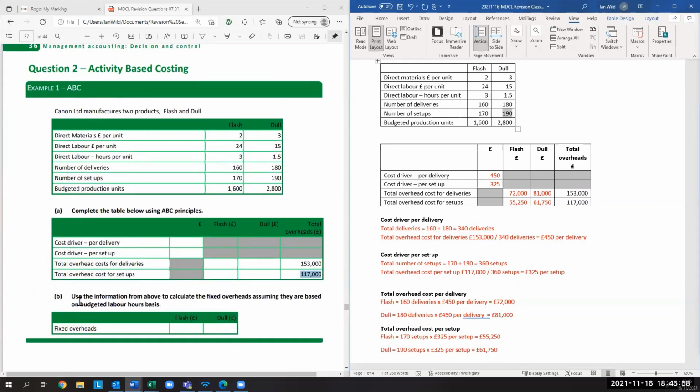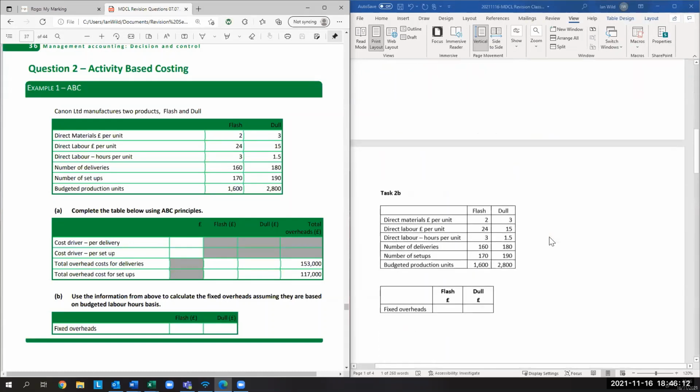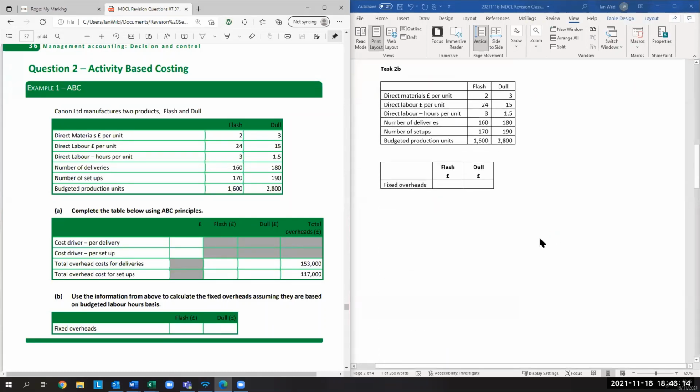So it looks very simple at the bottom there. Use the information from above to calculate the fixed overheads, assuming they are based this time on a budgeted labour hour basis. Okay, so we're going to be going back to normal and using a labour hour basis. So I popped the question up there again for us.